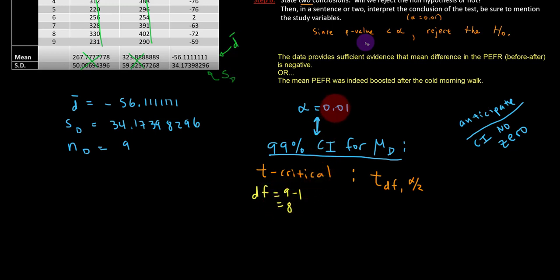We know what alpha is, the significance level, so half of alpha is half of 0.01, which is 0.005. I'm going to use this info to go find this in our t-table.